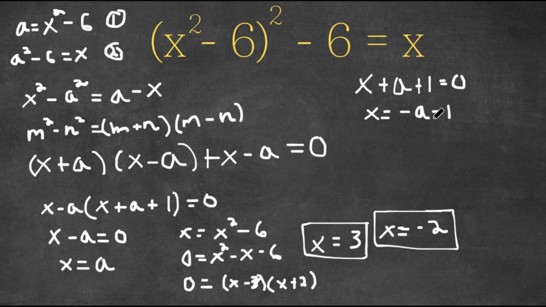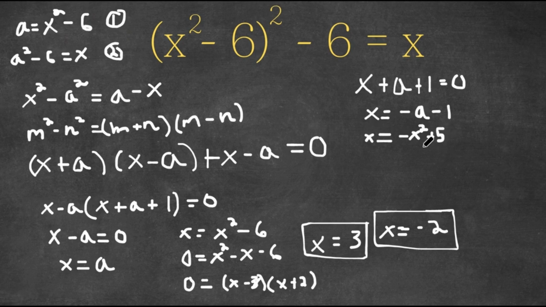And I'm going to plug in a, which is x squared minus 6. So x is equal to -1 times x squared minus 6, which is -x squared plus 6 minus 1, and 6 minus 1 is 5. So we have -x squared plus 5.